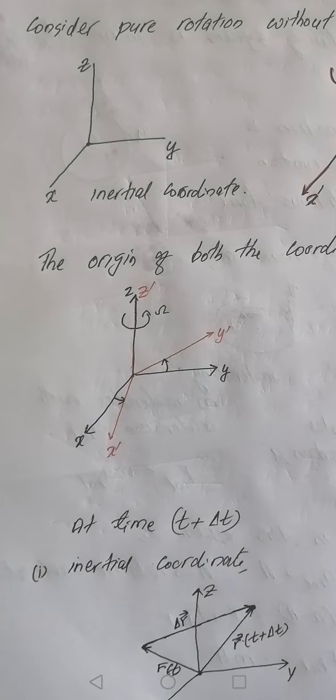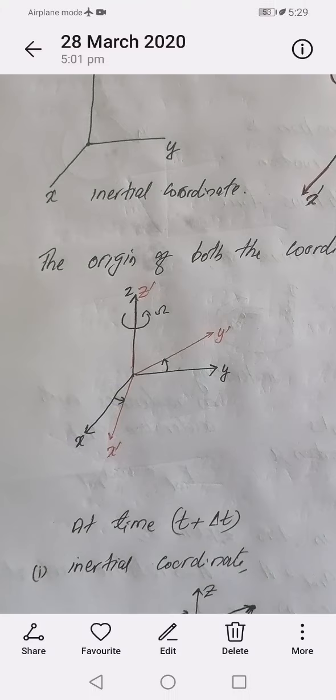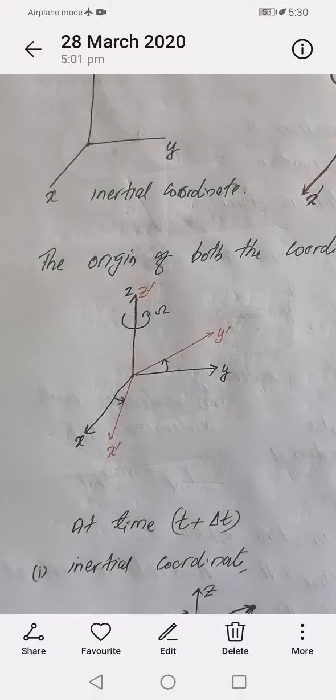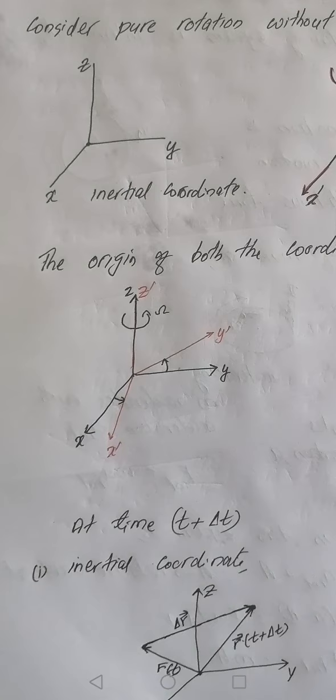You know i is the unit vector along the x direction, j is the unit vector along the y direction, and k is the unit vector along the z direction. But in both cases z and z prime are in the same direction. There is no change for k and k prime. But see here, in x prime, the direction of the unit vector changes.